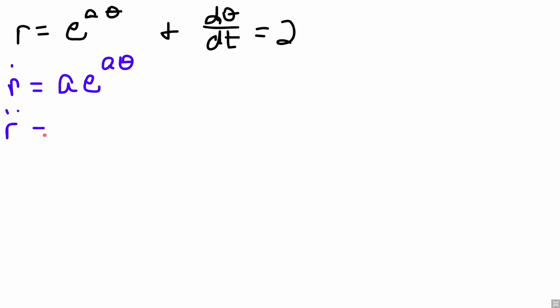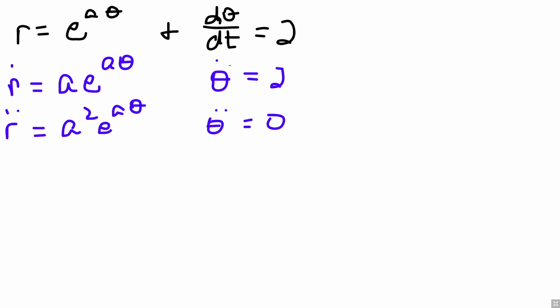R double dot is going to be a squared e to the a theta. And then keep in mind that theta dot is already given to us. That's 2, so theta double dot would be 0.